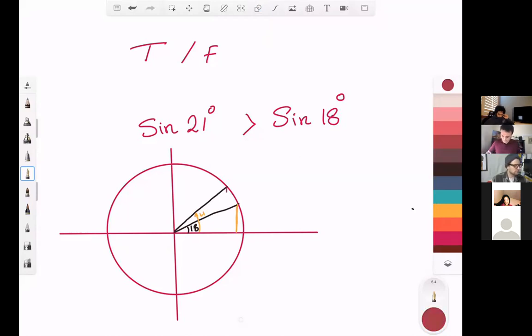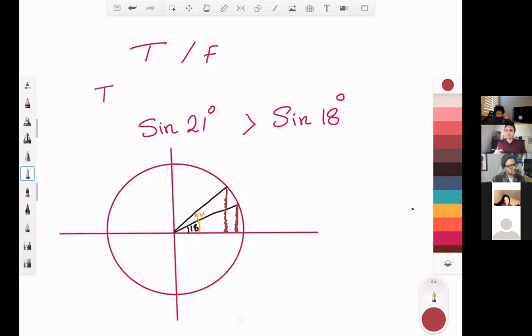Which one is bigger? Is the orange one, this length, bigger, or this one? The 21, correct? So Karen said true. So yes, this is true.